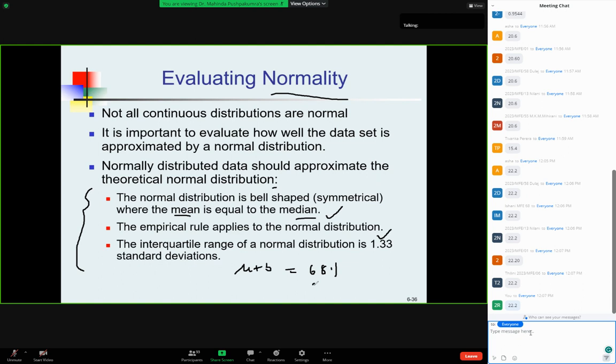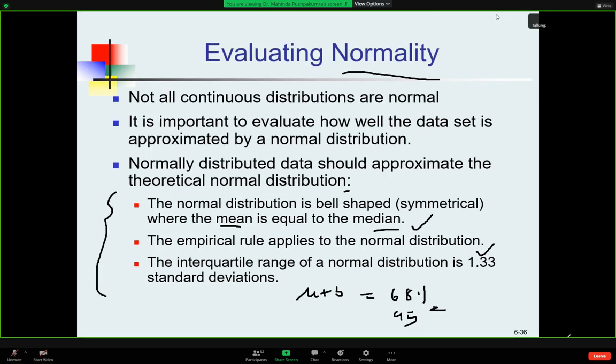Within two standard deviations, there are nearly 95%. Within three standard deviations, 99.7%. Then you have to check whether this rule is applicable. How to check it?